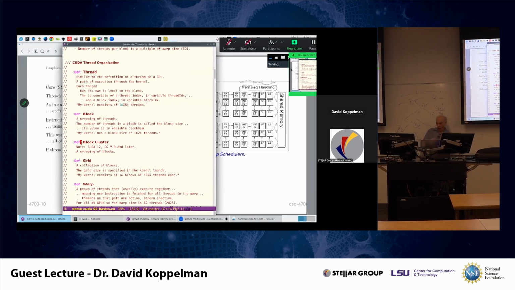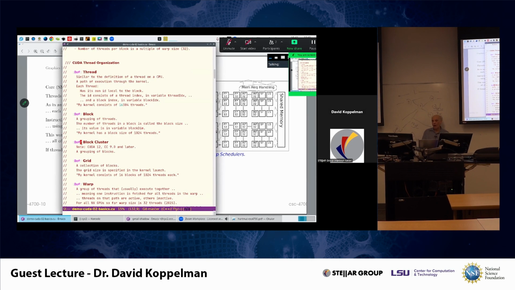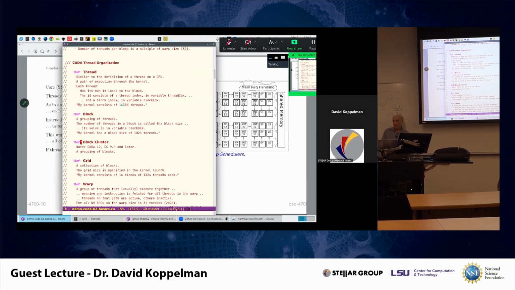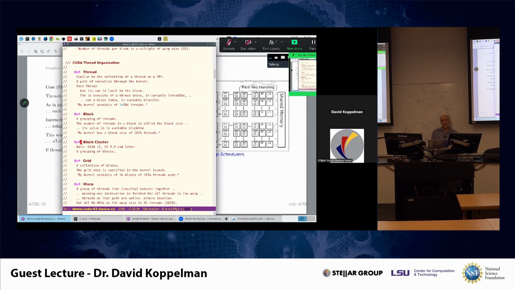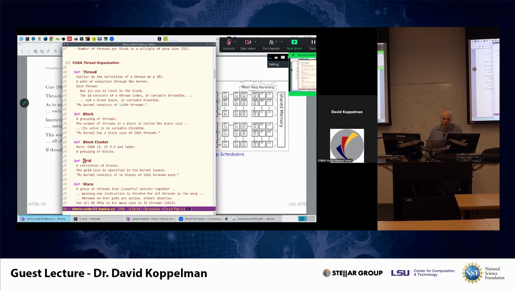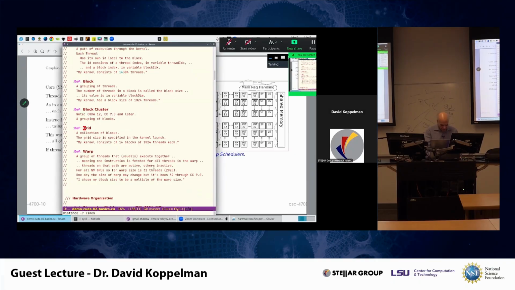And even if they are assigned to the same SM, it's possible one block runs and finishes before that second block starts. So within a block cluster, not only are the different blocks in the cluster assigned to the same SM, they run at the same time, and this enables sharing. Okay? Grid refers to the collection of blocks.